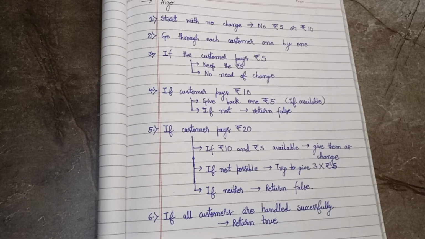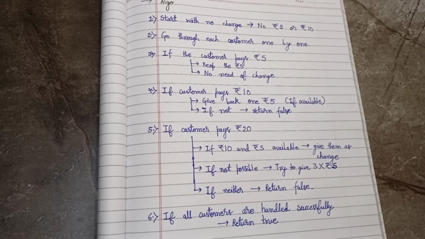So we are only concerned about the present situation and not worried about the future. This is indicative of the greedy approach, that is, we are concerned about the present optimal solution that will eventually lead to the future global optimal solution.